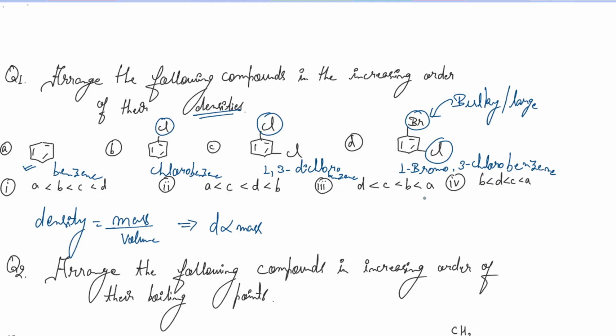Option A is the least, so options C and D cannot be the choices.